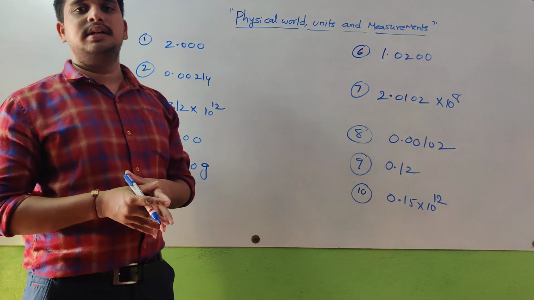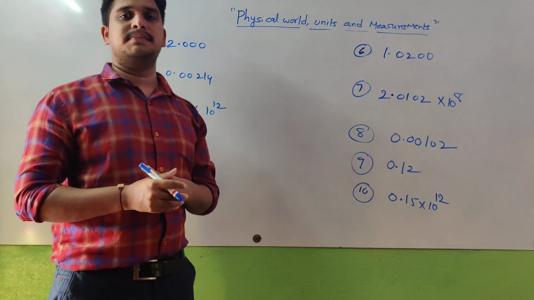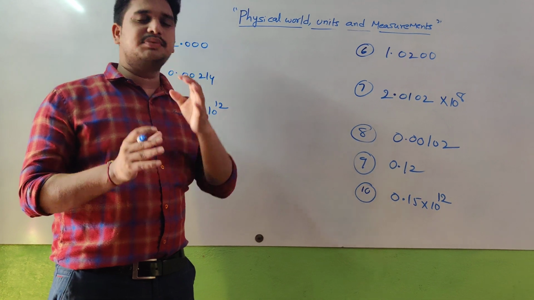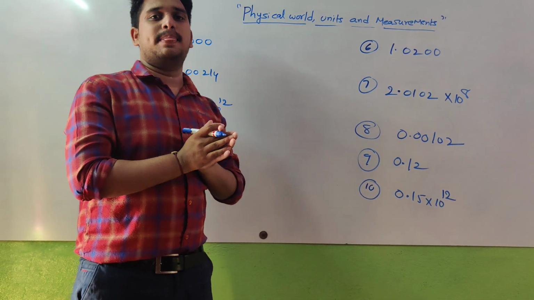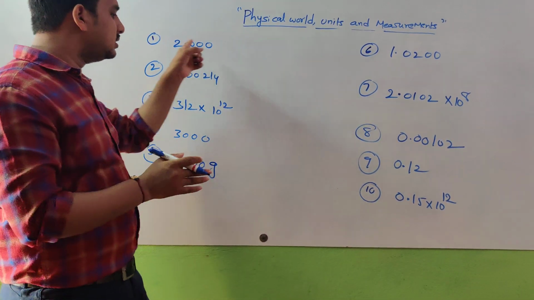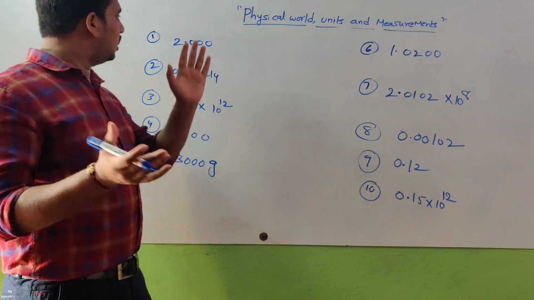We have discussed 5 rules for significant figures. By using these 5 rules, how to find significant figure count for these 10 numbers. Observe.